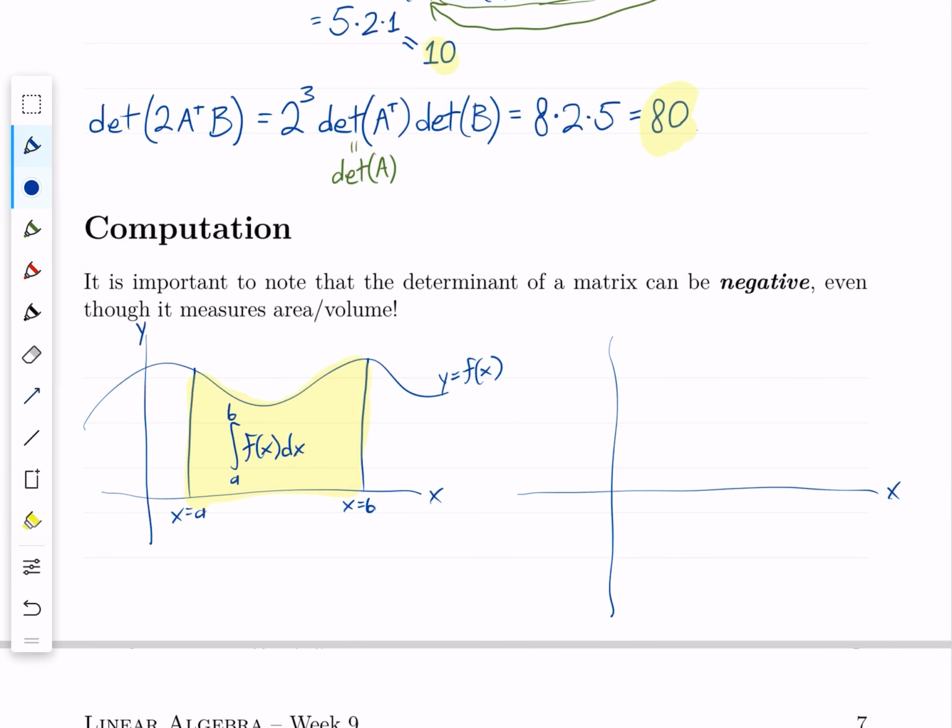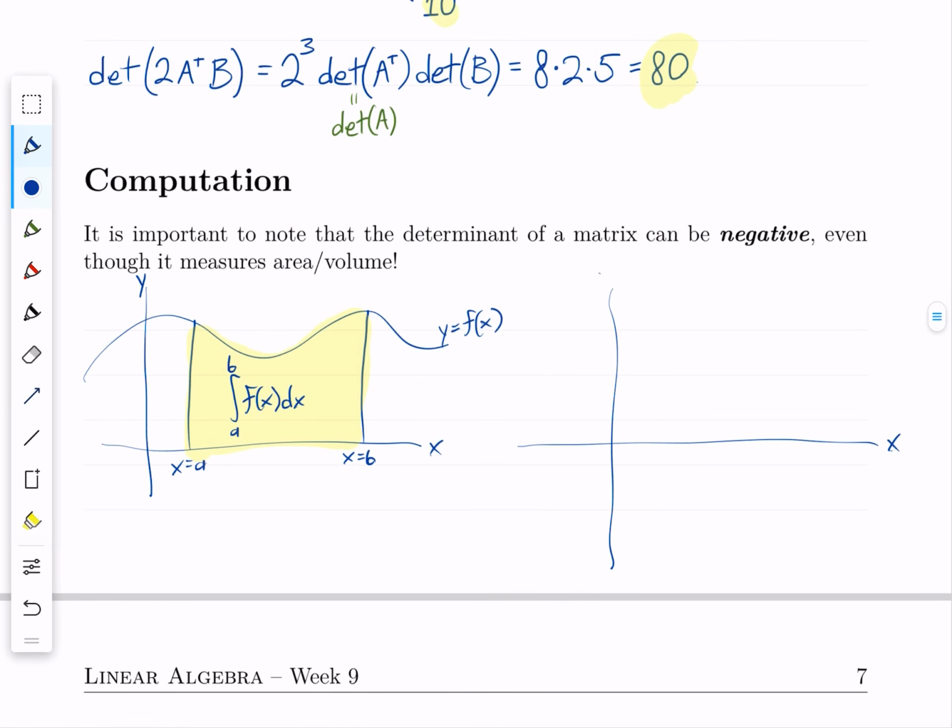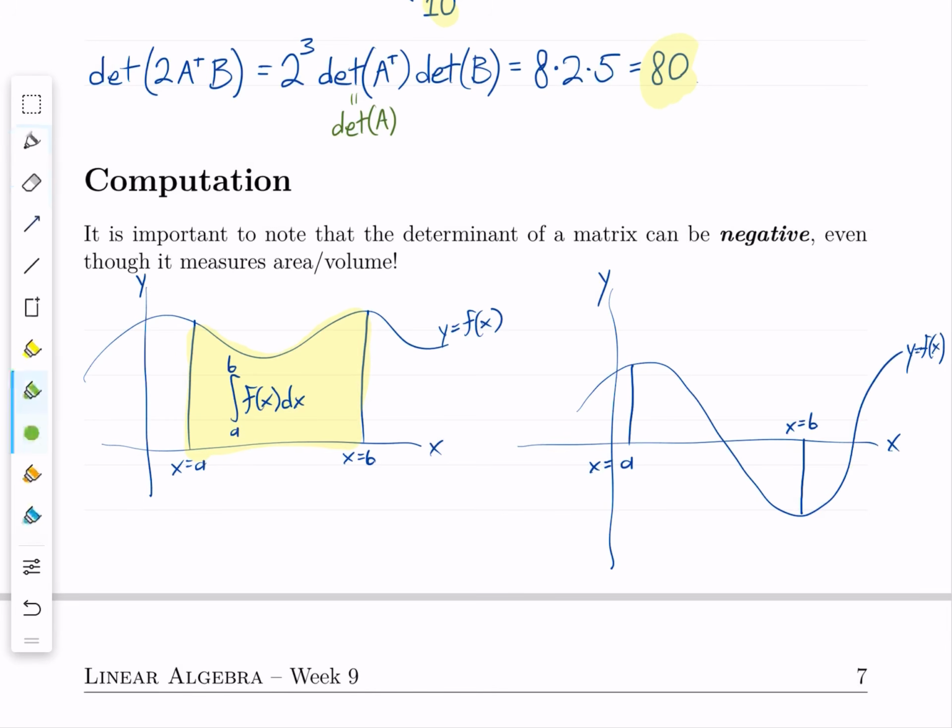So you've also seen things like this, where the graph of your function sometimes is positive but sometimes it's negative. All right, so again, here's y equals f of x, graph of a function. And this time, here's x equals a, but now x equals b is over here. Then what the definite integral is actually computing is this area above the x-axis under the graph of the function minus this area over here below the x-axis above the graph of the function, right?